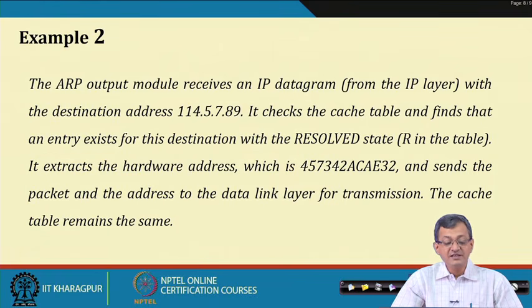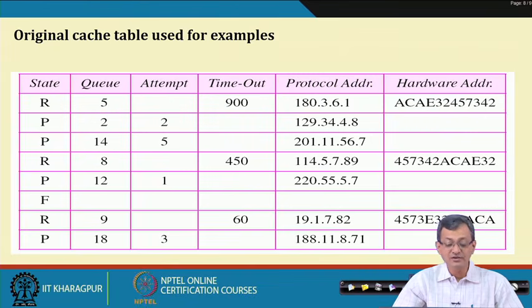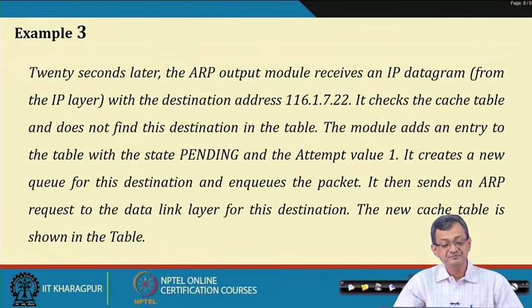It finds the existing entry in the resolved state in the ARP table, extracts the hardware address, and sends the packet and the address to the data link layer for transmission. This cache table remains the same. There is nothing to change, it goes on doing that.